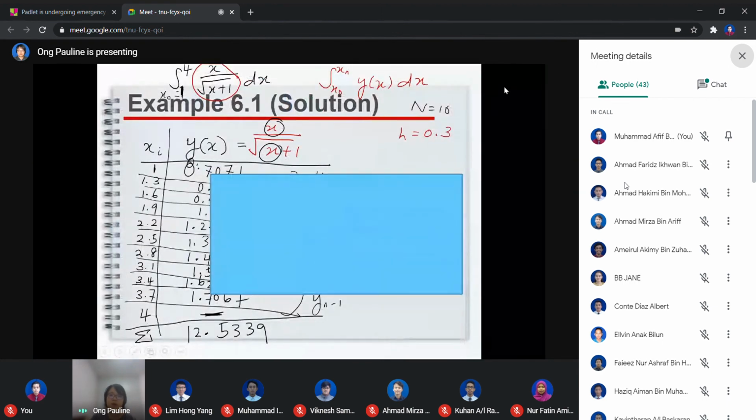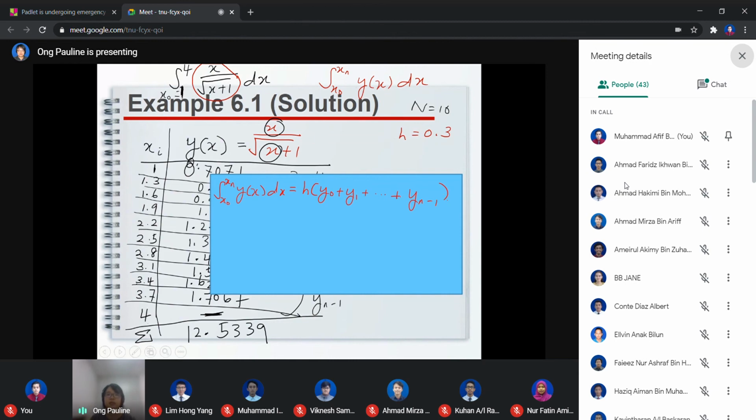I know that for the rectangular rule, the integration from x0 to xn of y(x) dx is obtained by using h multiplied by y0 plus y1 plus until yn minus 1.